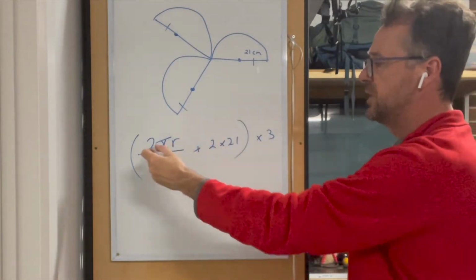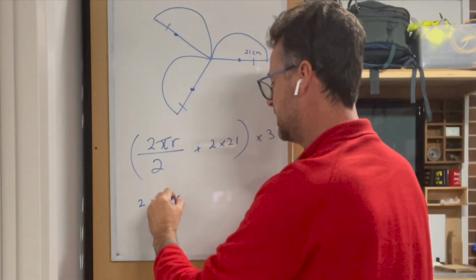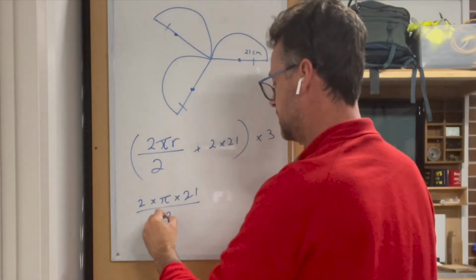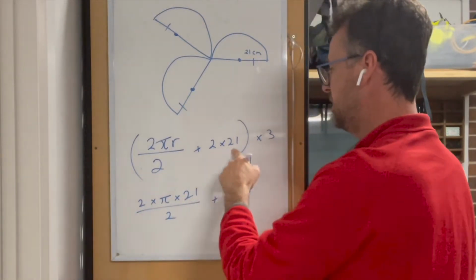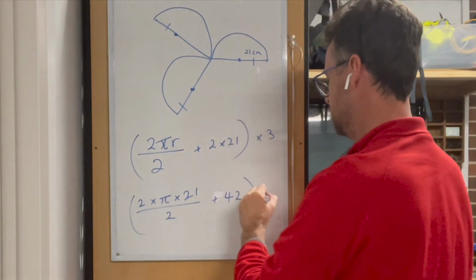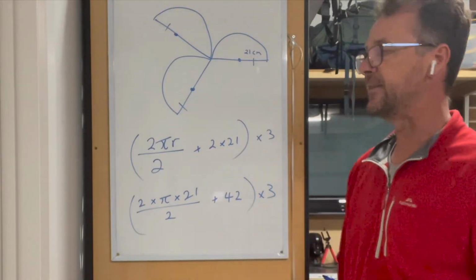So then we can pop this into our calculator, pi times r, which is 21, all over 2, and we're going to add on 42, times by 3. We would type all that into our calculator in one go, and then that will give us our answer.